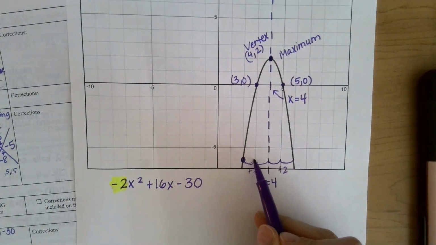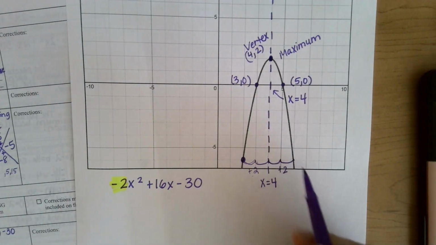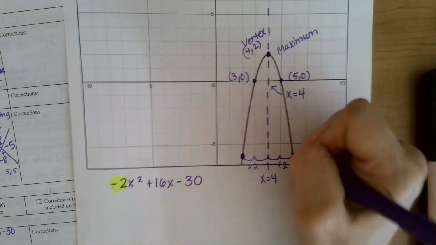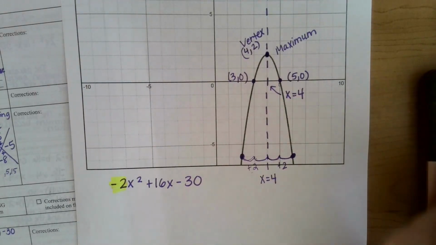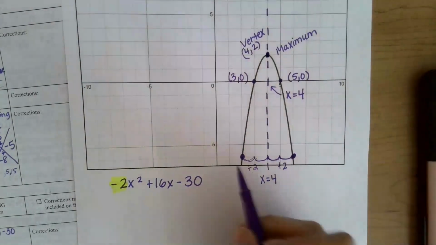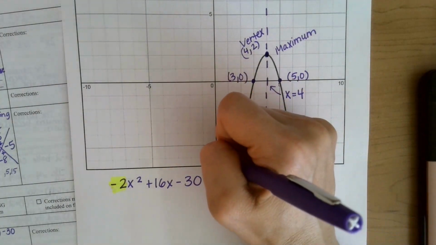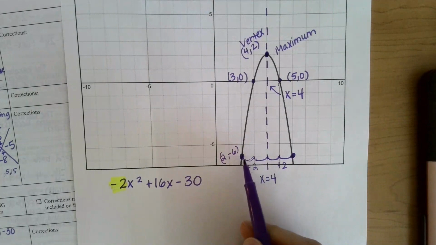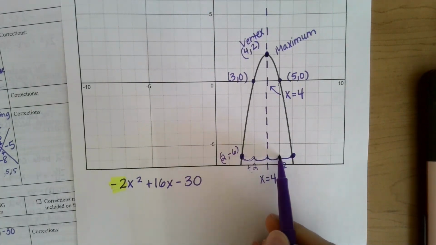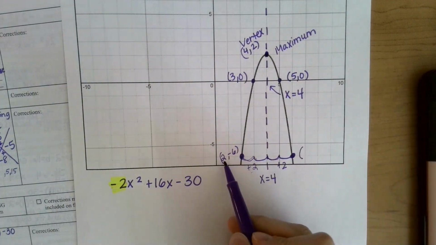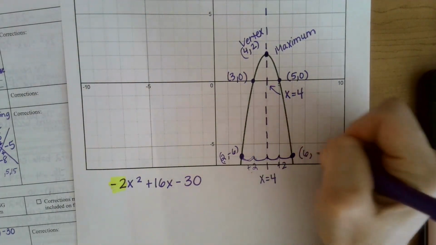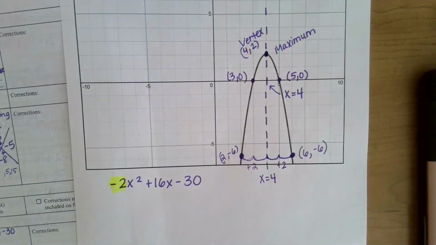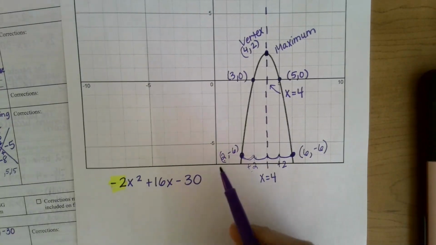So I have to move a total of 4 points to get to the other side that's symmetrical to this point. So this point is at 2, negative 6. So I'm adding a total of 4 points for my x value. So 2 plus 4 would be 6, and then my y value stays the same, negative 6. So explain something like that.